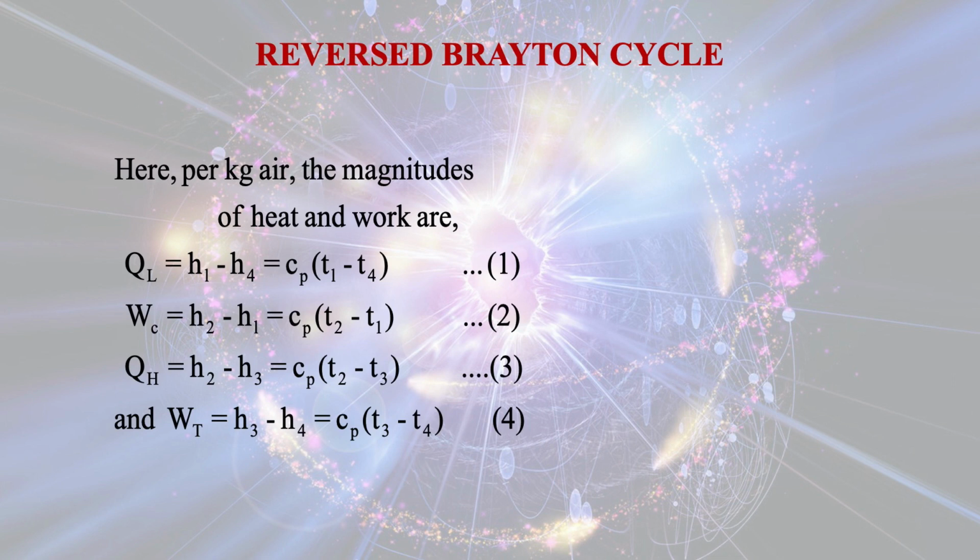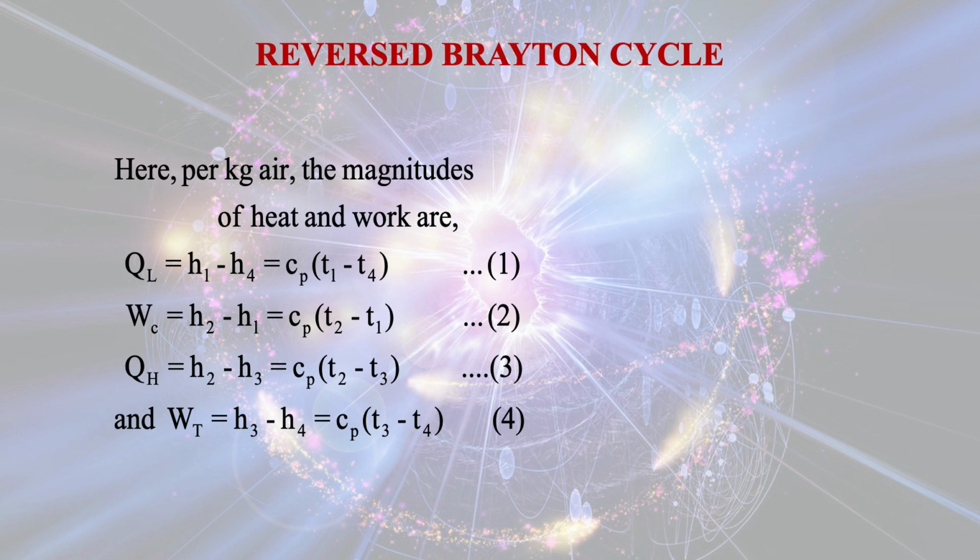Here let us perform the calculation part. QL, that is the net refrigerating effect, is equal to H1 minus H4, which is equal to Cp multiplied by T1 minus T4. WC, the work done by the compression, is equal to H2 minus H1, which is equal to Cp multiplied by T2 minus T1.